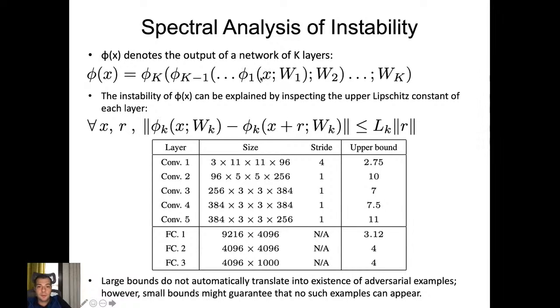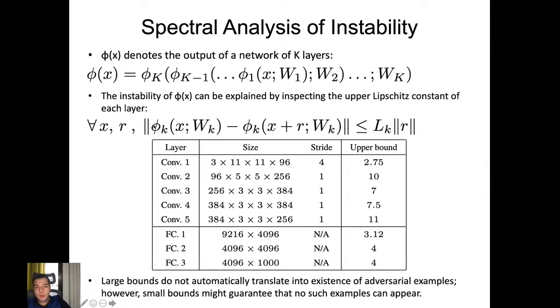Here we have the first layer applied on the input with the parameters w1. Then we have phi2 applied on this input and the weights w2, and so on. So this is the neural network, and each phi k with small k represents a layer in the network.